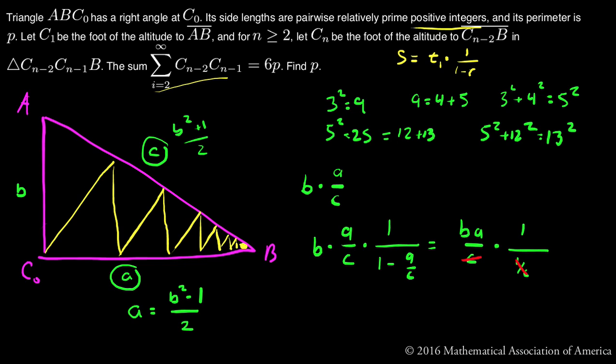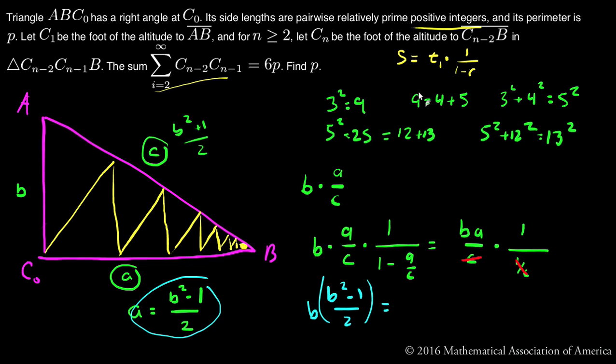And using what we saw here, I can change out the A for B squared minus 1 over 2, so I get the sum of all these yellows is going to be B times B squared minus 1 over 2.